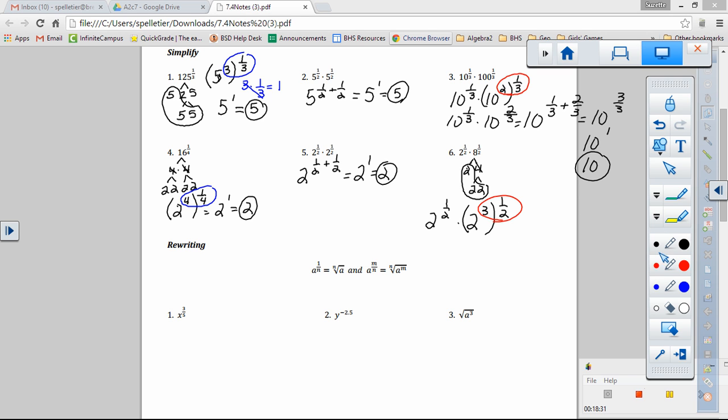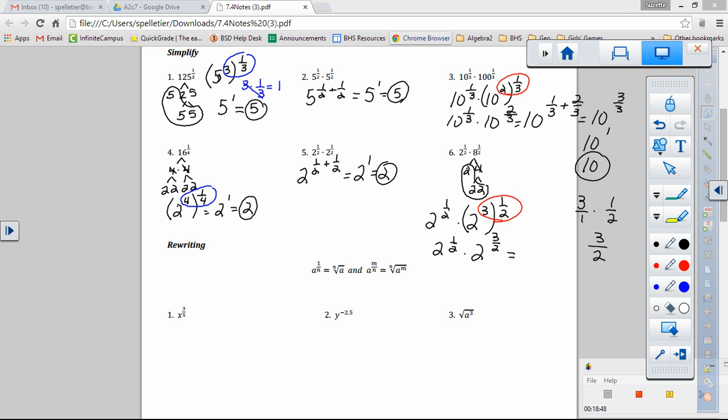Multiply your exponents. 2 to the 1/2 times, so I have 3 over 1 times 1 over 2. Multiply across the top, you get 3. Multiply across the bottom, you get 2. So 2 to the 3 over 2.